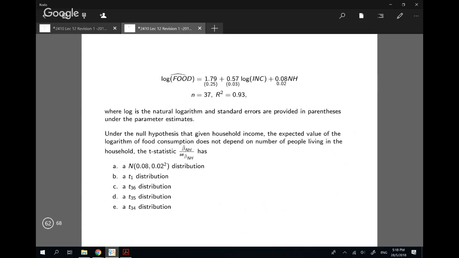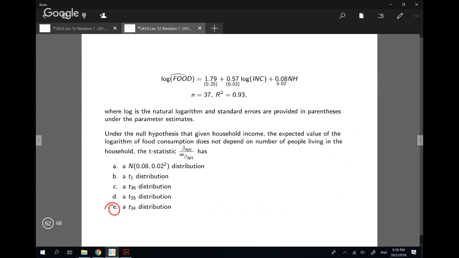Under the null hypothesis, which one? C? C or D? Or E? Or A or B? Either one of those five. E.